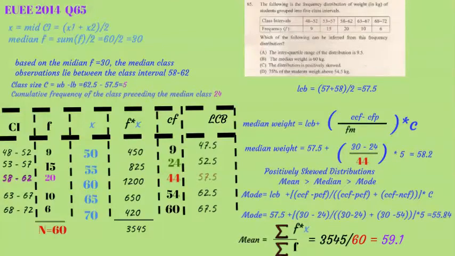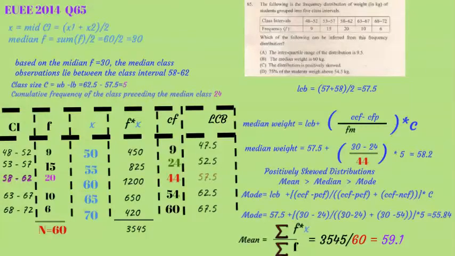If you look here, 59.1 is the highest of the three. 59.1 is bigger than the median, 58.2, which is bigger than the mode, 58.84. Therefore, C is the correct answer.